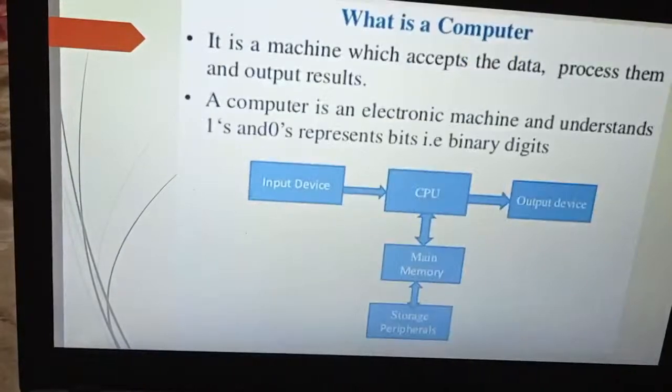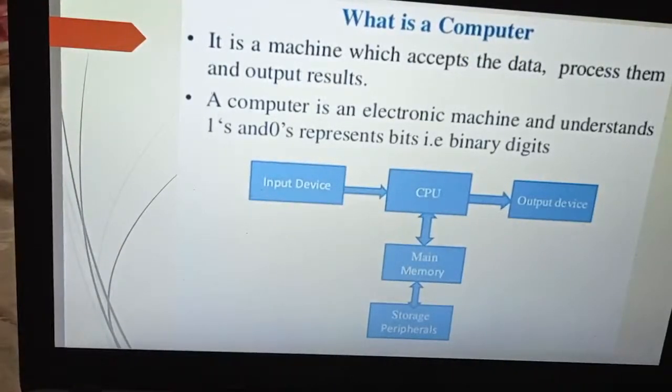Now coming to the block diagram of a computer. It consists of input devices. These give the input to the processing unit, that is the CPU, which understands and processes it and gives it as output through the output devices. In between, it consists of main memory as well as storage peripherals.